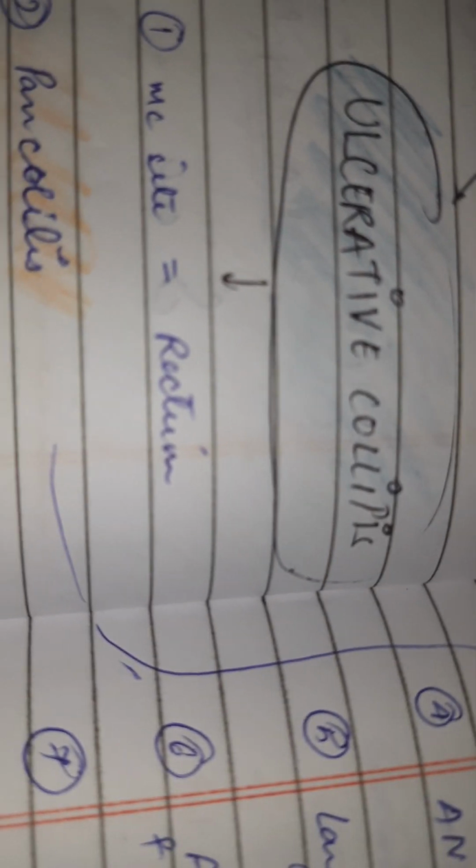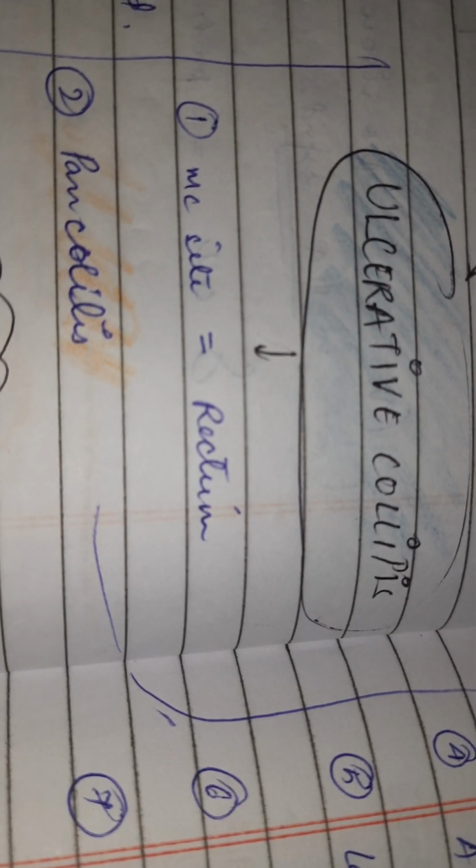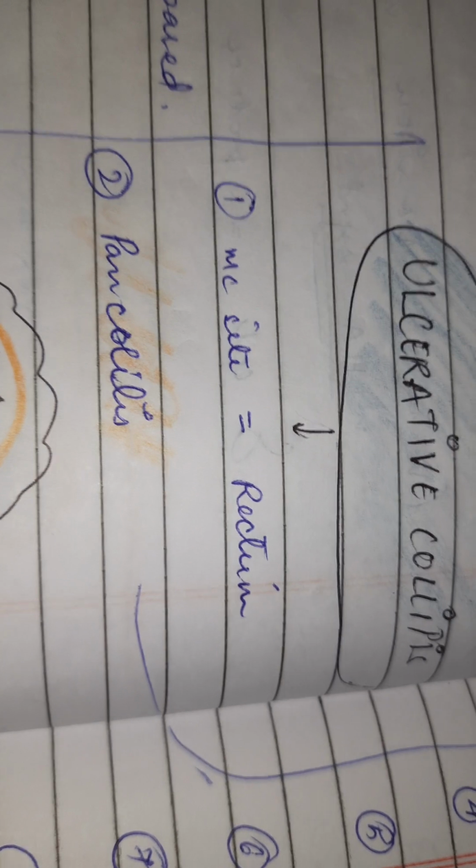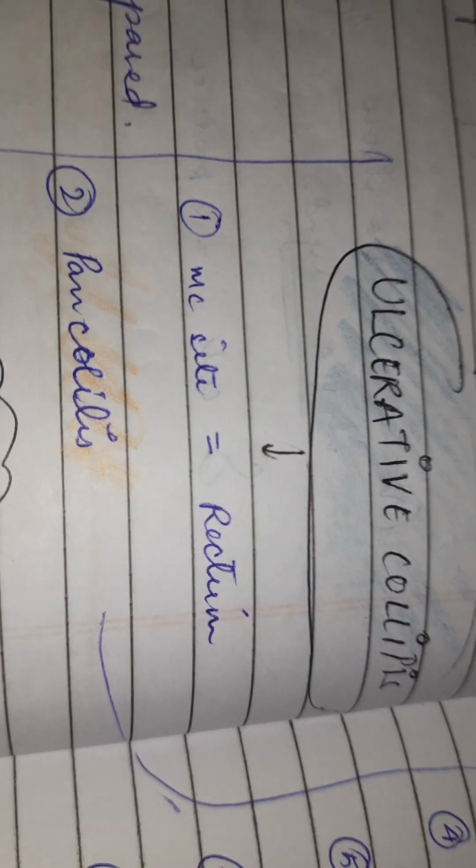Treatment of Crohn's disease is steroids. Then ulcerative colitis: the most common site is the rectum, whereas in Crohn's disease the rectum is spared.